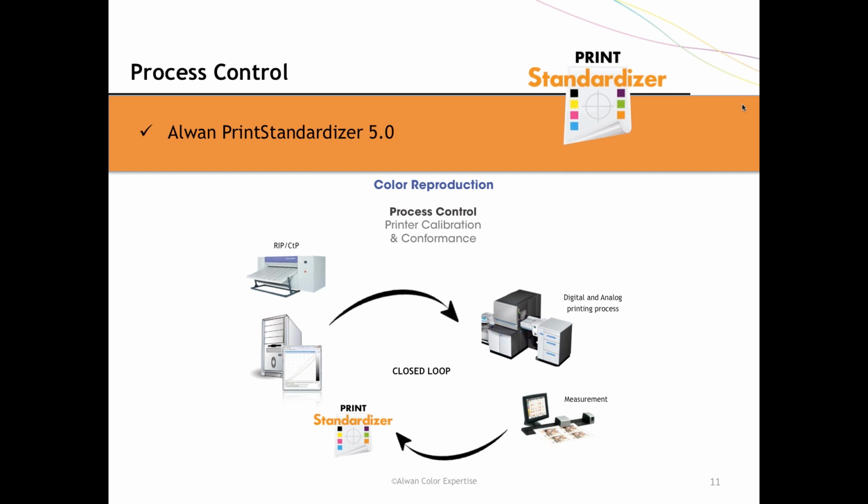That means it's communicating information from measurements made in the printing or press room and storing that in the database, filtering it, managing it per paper and printer type, and making sure that the color server or the RIPs have the right information. So printer calibration and conformance in one product.